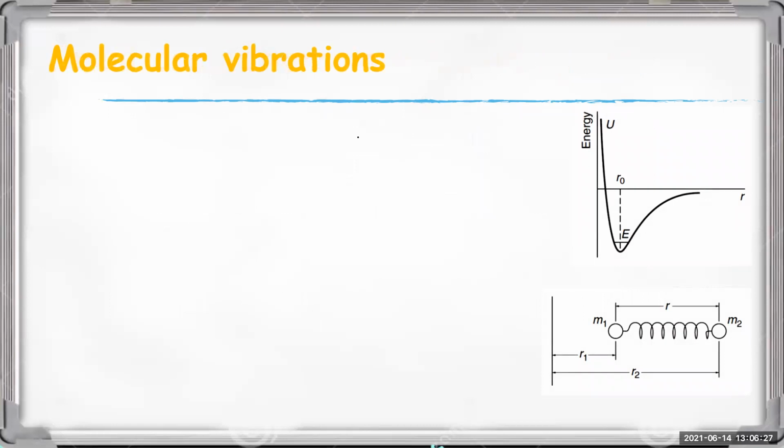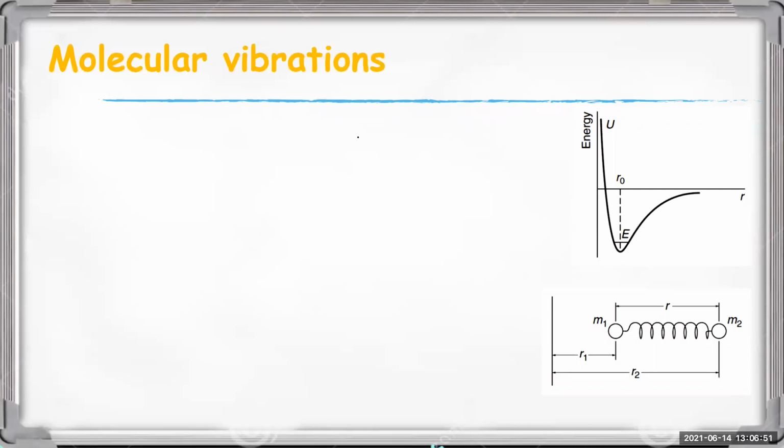In the figure, the potential energy of a molecule is given for a 2-atom system. It is this type of potential energy we discussed in the case of energy diagrams.